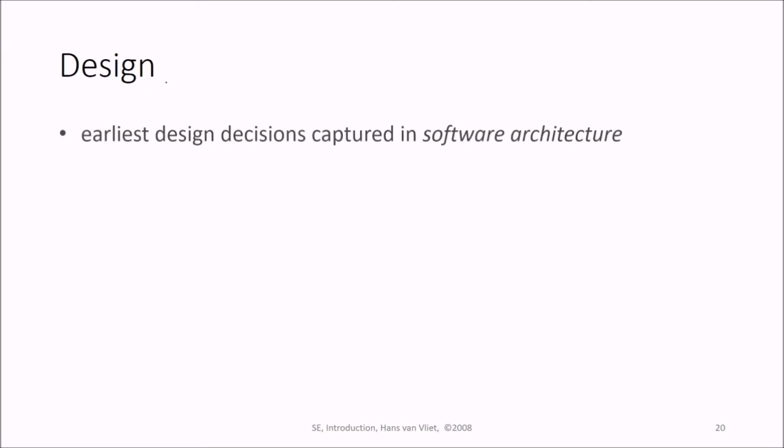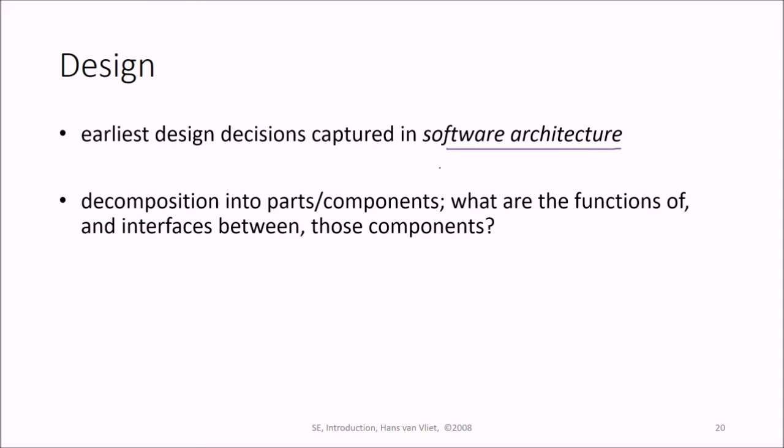Then comes the design part. The earliest design decisions are captured in the software architecture. First, whatever we have to make, we make a software architecture. Like if we want to make a building, you don't start making the building. You have to make the architecture of the building first. Then we decompose this into parts and components.